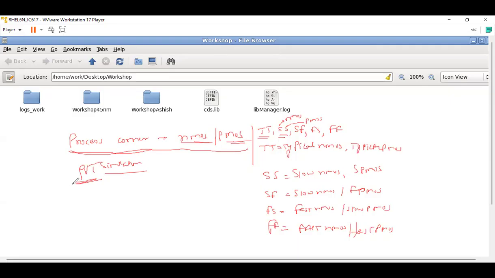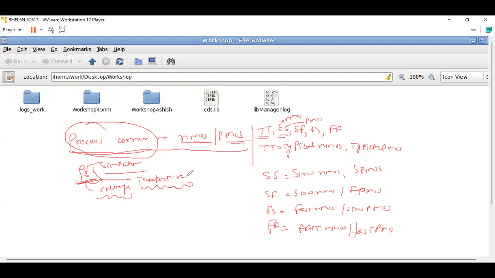So what is the meaning of PVT? P stands for process corner, V stands for voltage, and T stands for temperature. You need to test your circuit on different voltages and different temperatures. These are essential parts of any academic research or analysis.